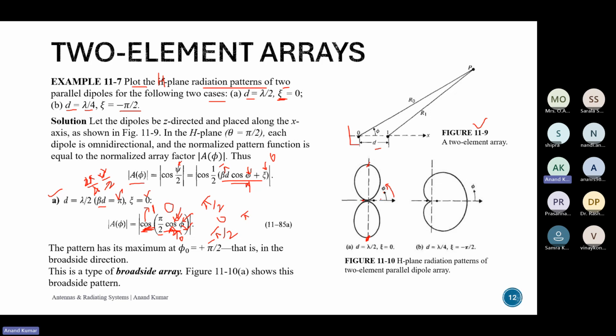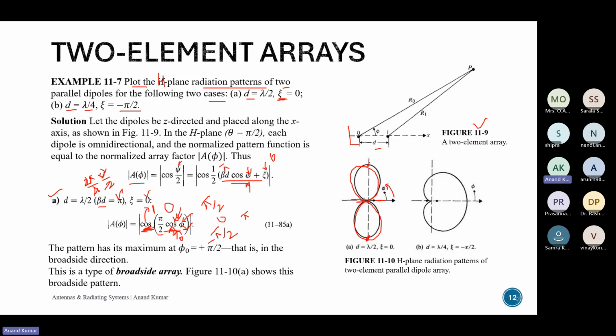We have 0 magnitude at phi equals 0 over here and at pi over here. If you calculate it for different phi values, this is the pattern that we will achieve.